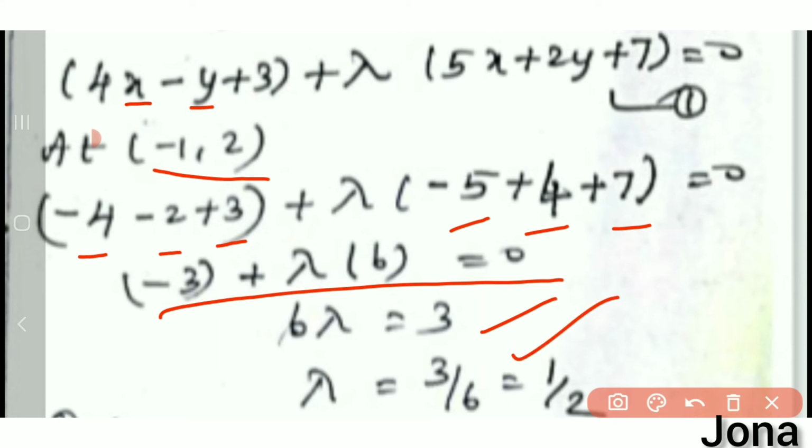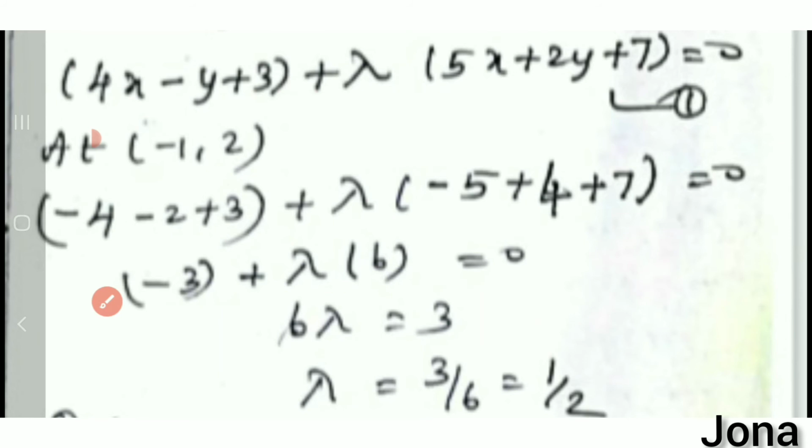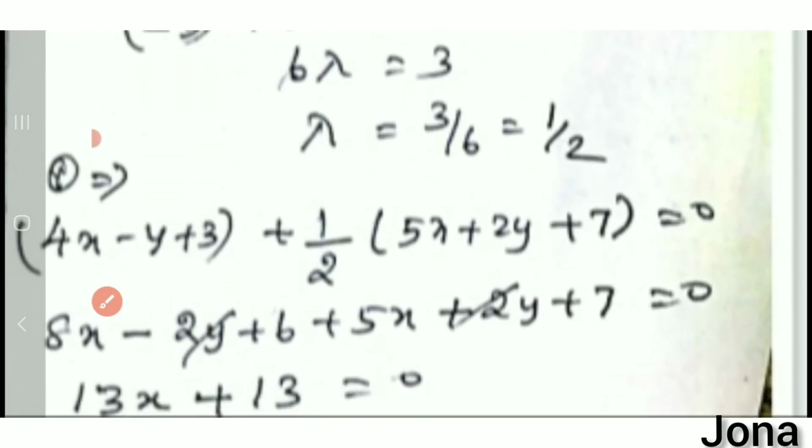Now we got the value of lambda. We can substitute it here, so that we have 4x minus y plus 3 plus 1 by 2 of 5x plus 2y plus 7 equal to 0. By taking the LCM, we multiply by 2 on the first equation.